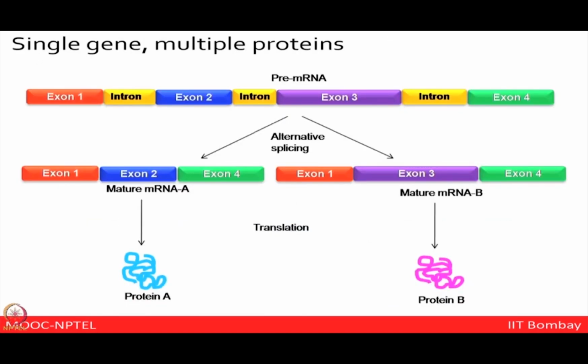During this process from pre-mRNA to mature mRNA formation, a variety of combinations can happen; different exons can come into different combinations to give rise to different types of mature mRNA, which may eventually result in different protein forms. So, from the same gene, different transcripts and different proteins could be produced.